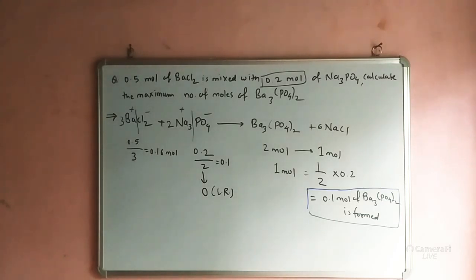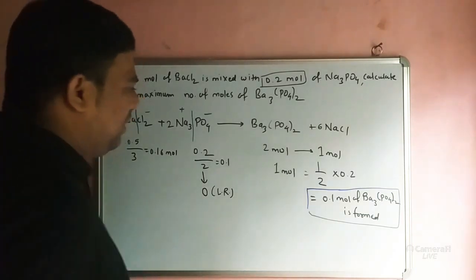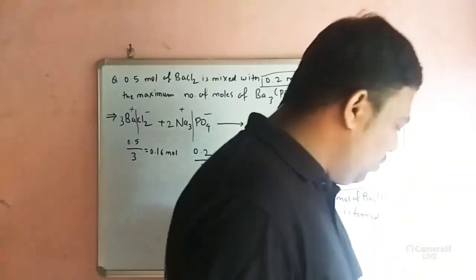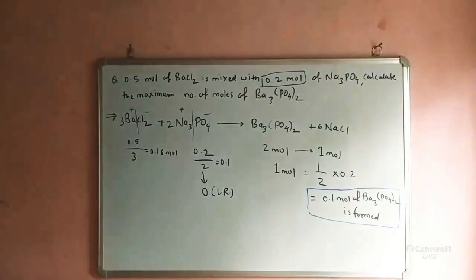Understood? So beta, without wasting time you write this properly. We will solve our next example on the basis of our LR only, that is limiting reactant. So pay attention.